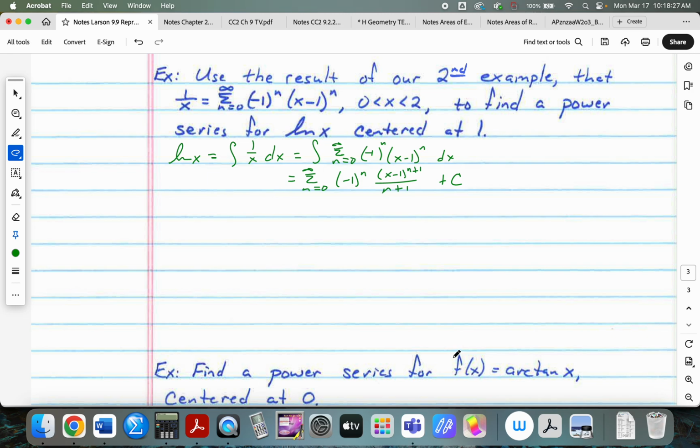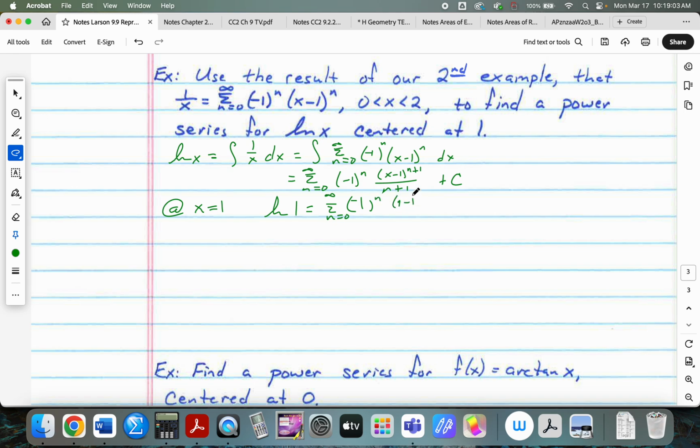You're like, okay, I don't really want to test this very much, so I'm going to let x be equal to 1 because I know the natural log of 1 is 0. So at x equals 1, I'm going to have the natural log of 1 is equal to the summation as n goes from 0 to infinity of negative 1 to the nth.